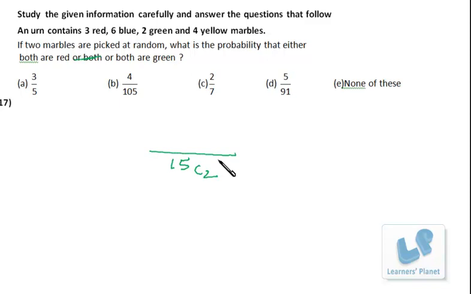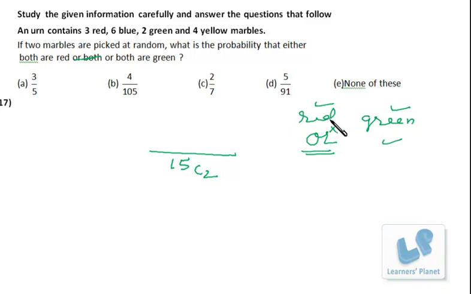Either we are selecting both of them as red or green. Now both the events are not happening simultaneously. If this is happening, this won't happen. So there will be a plus sign between these two cases, because either this is happening or this is happening.